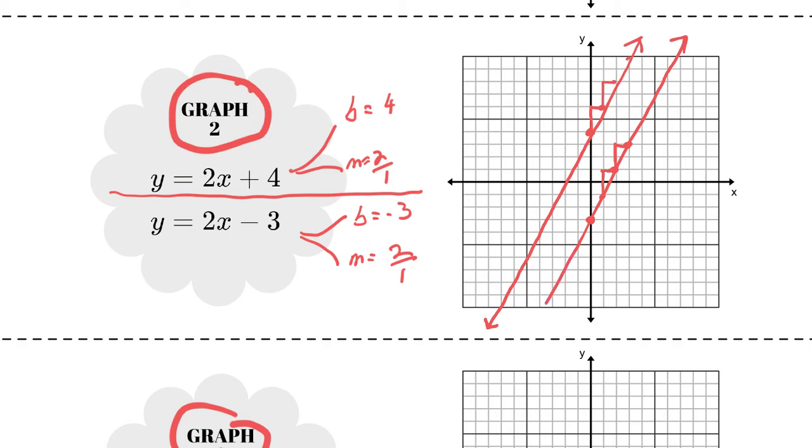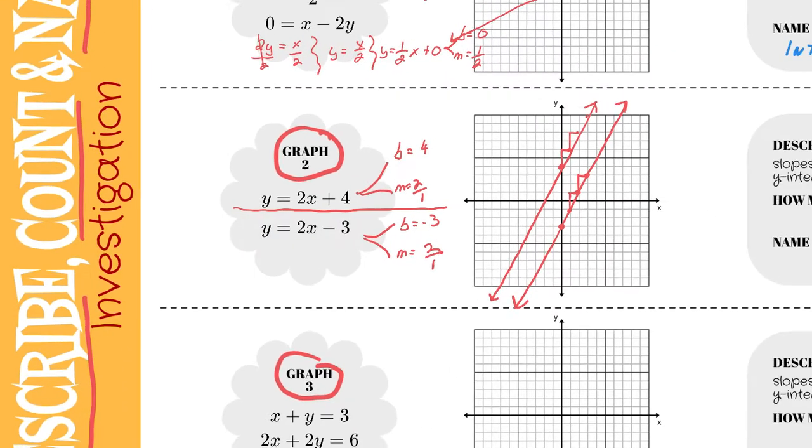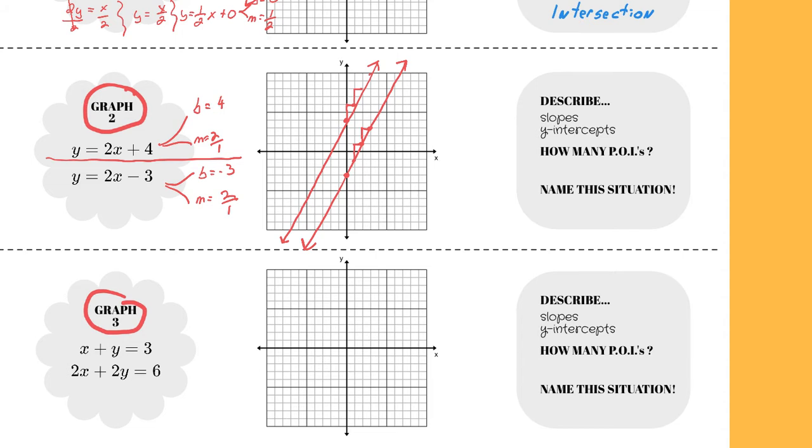And you should get a pair of lines that are parallel. The slopes in this case are the same. The y-intercepts are different. How many times do these two lines meet? They don't. Name this situation. Well, we have a pair of parallel lines, so we're going to call it parallel.